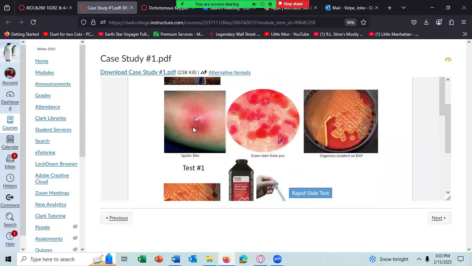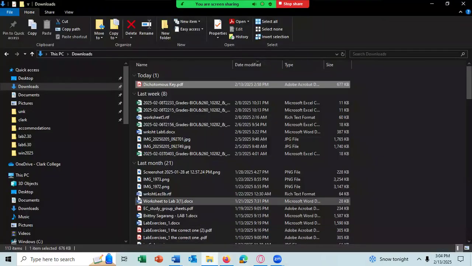So there's the pustule of the spider bite. There's the gram stain, and this is showing you his cells, the very big red cells, and then the bacterial infection there, which, let me see if I can blow that up.